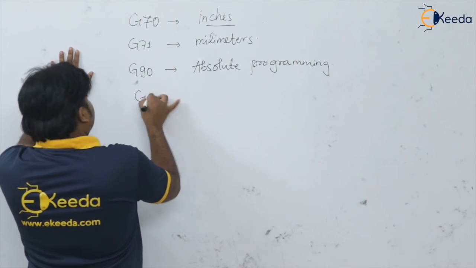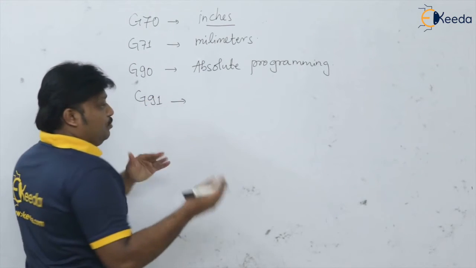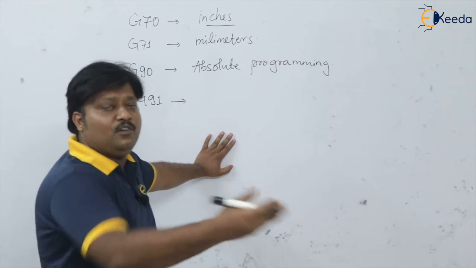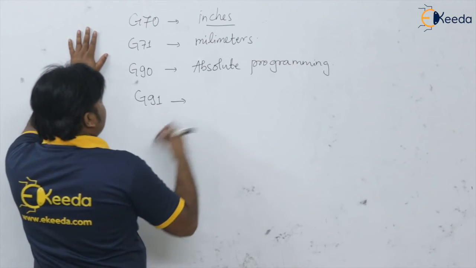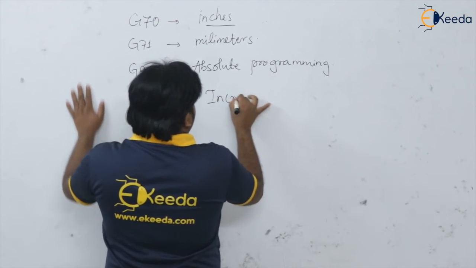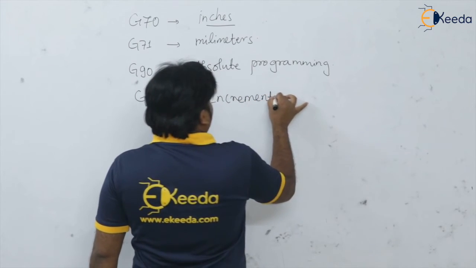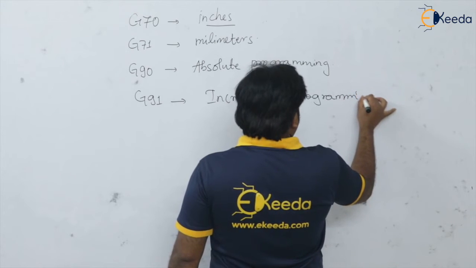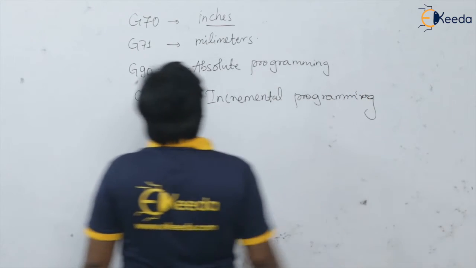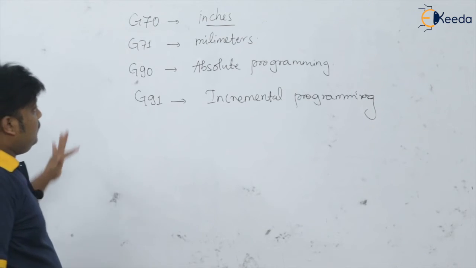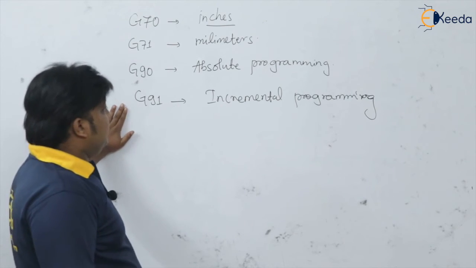Whereas in G91, the previous position of the tool is the reference position for the next movement or next dimension of the tool, that is the incremental program. So this is G90, G91.